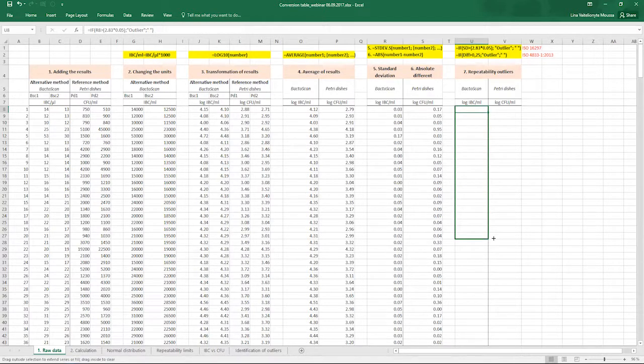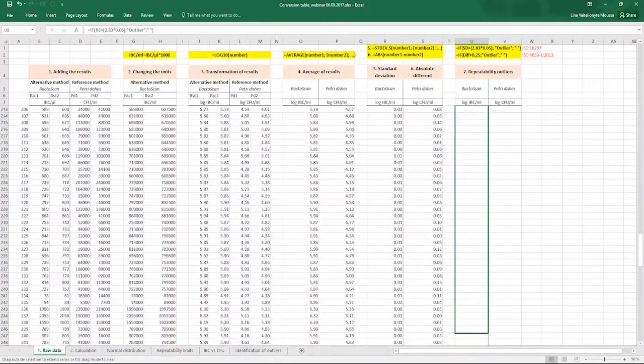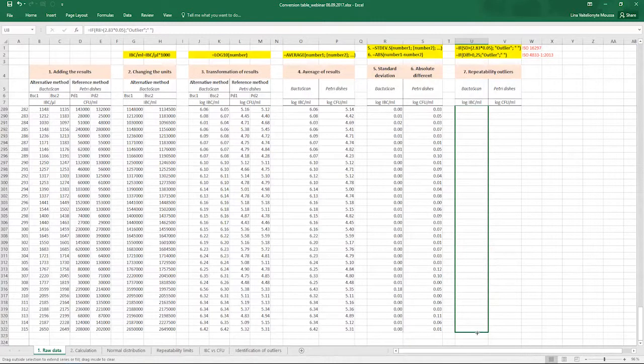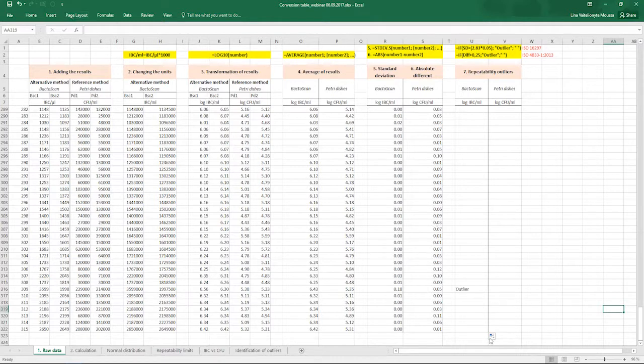To copy the same formula for the rest of the data, just mark the cell and drag it down. And here we already have one outlier. Let's mark it.